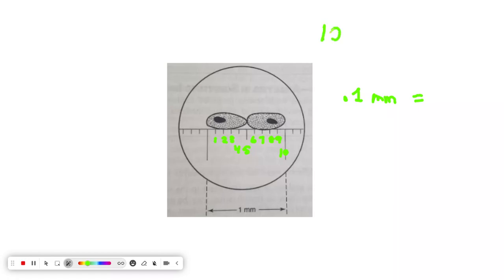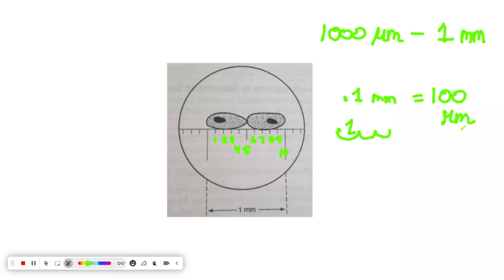We said there's 1,000 micrometers in 1 millimeter. So we have to move the decimal 3 times to get the micrometers. Here's 0.1. Move it 3 times. 1, 10, 100, 1,000. So that'll be 100 micrometers. 0.1 millimeters is 100 micrometers.